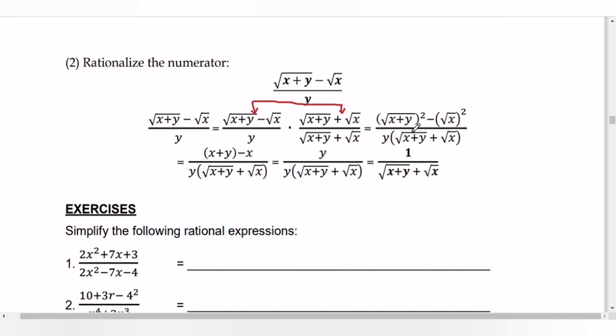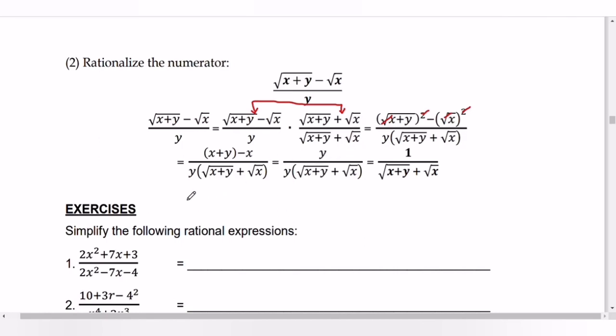If we square this, the radical sign and the square will be cancelled out. So the remaining term is just x plus y minus x, divided by y times this expression. In our numerator, x minus x is 0, so the remaining would be y.